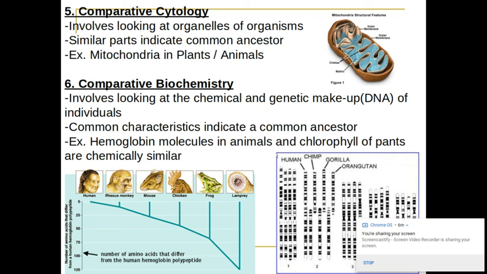Common characteristics, again, indicate that we've evolved from a common ancestor. They show the amino acids that differ from the human hemoglobin in the other organisms. Here you can actually see the E-gel, the bands in the DNA. Look how closely some of those banding patterns match.